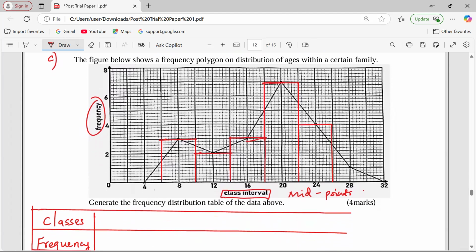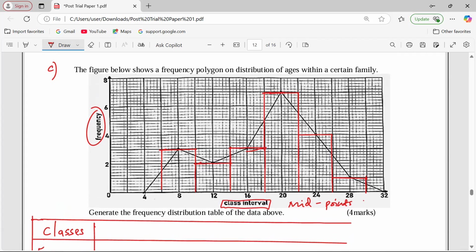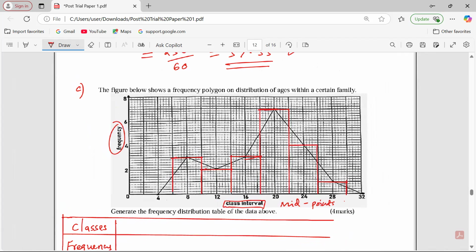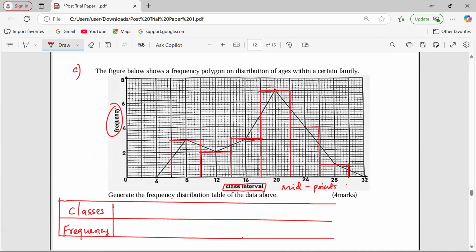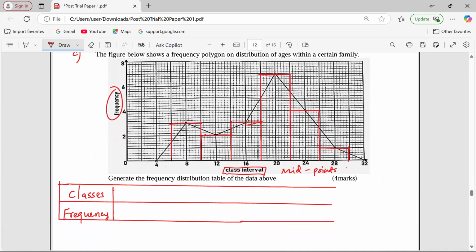Then again, as we wind up, we should know that there is a class which is running up to this extent. So now the histogram that we have established will give us what we are calling the class boundaries, which are also the class limits according to this type of data.